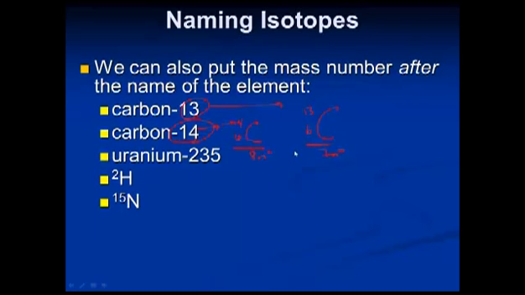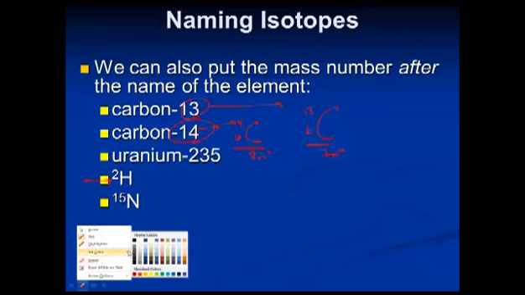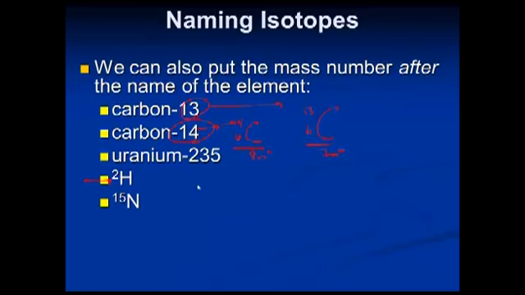Now, uranium you can figure out is the same way, but I wanted to show you guys another one. This is another way they might write an isotope. Earlier we did hydrogen, and remember it was like this, 1 over 1, with 0 neutrons. Well, this is hydrogen 2. And I know it's hydrogen 2 because they give me the little 2 at the top.